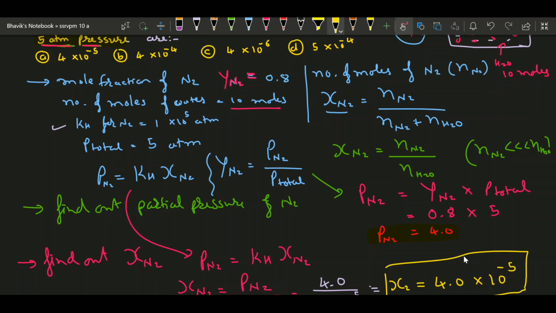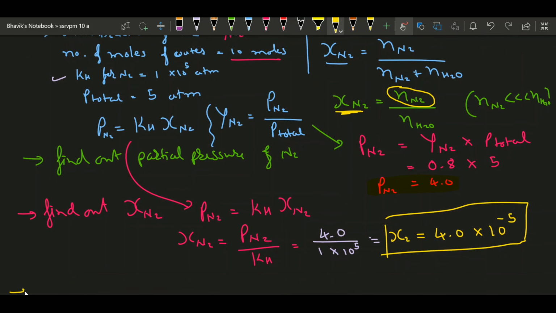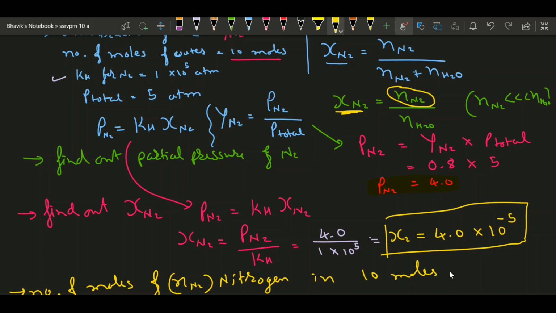And as I told you, if you want to find out the moles of nitrogen dissolved in 10 moles of water, you need to find out the mole fraction of nitrogen, and here the mole fraction of nitrogen is there. So let's find out the number of moles of nitrogen, N2, in 10 moles of water. I can use this formula: xn2 is equal to N2, the number of moles of nitrogen, divided by the moles of water. Making the number of moles of nitrogen the subject, it is xn2 into the moles of water.